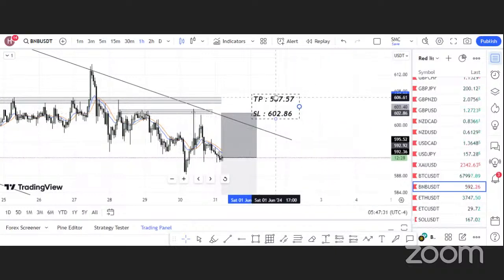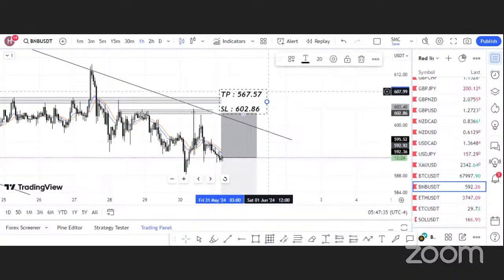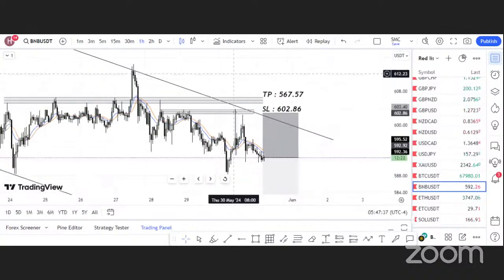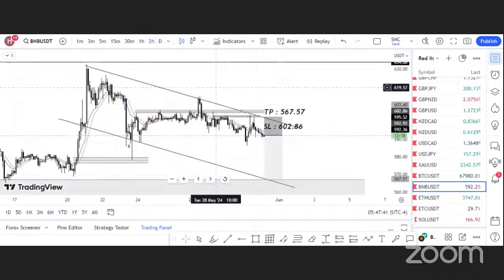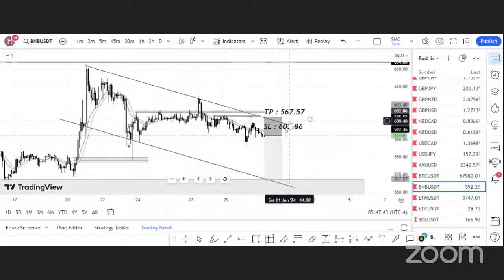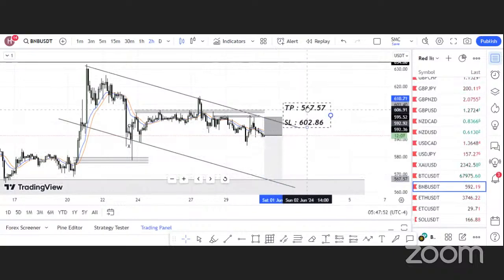All right. So if you are interested in opening the position, here is the stop loss and the take profits. This market is going to continue to go down, and this is my take profit.